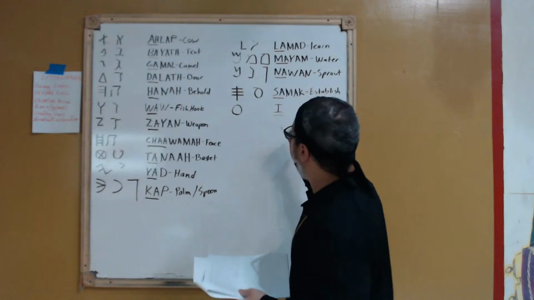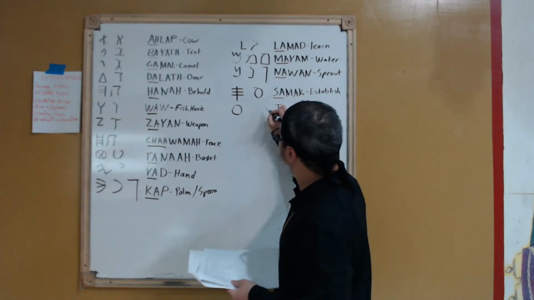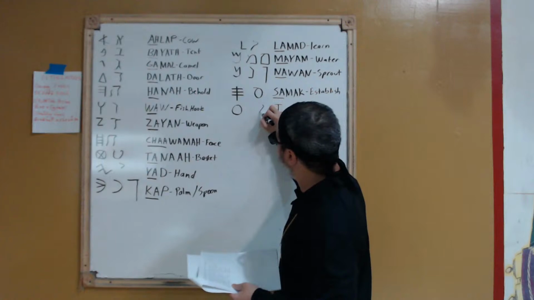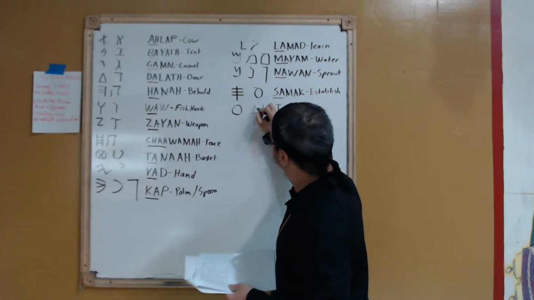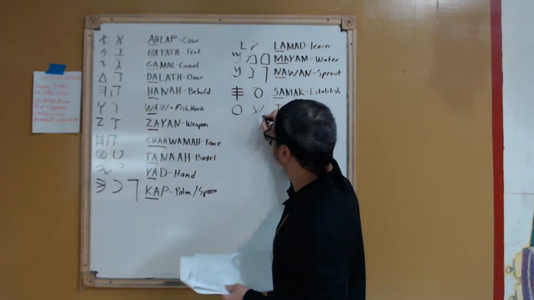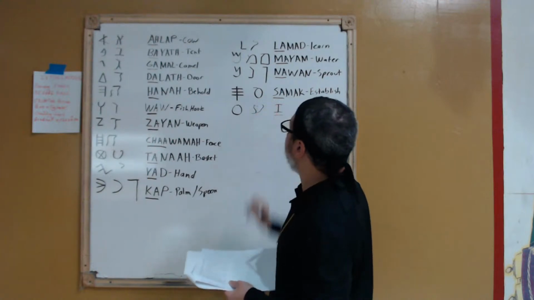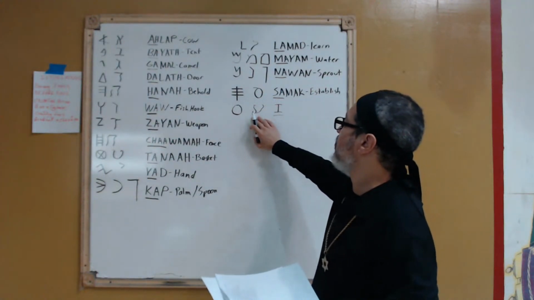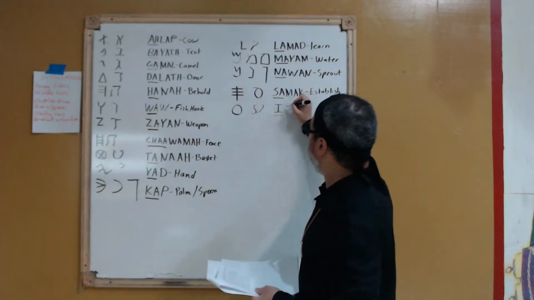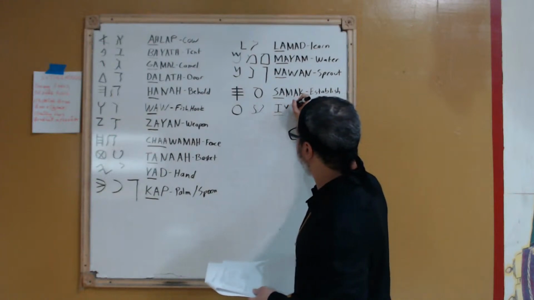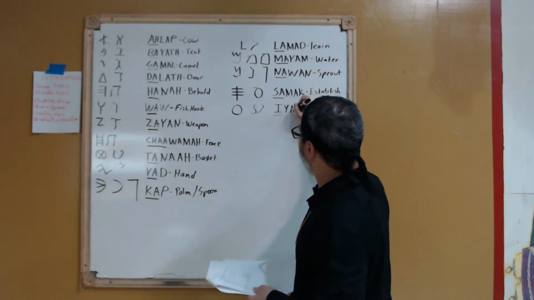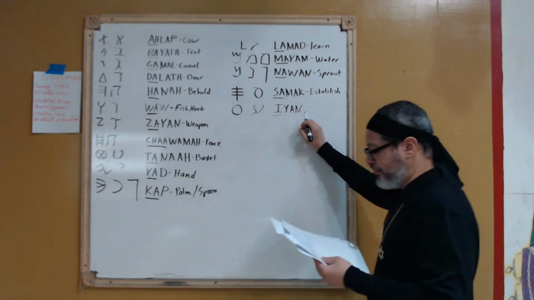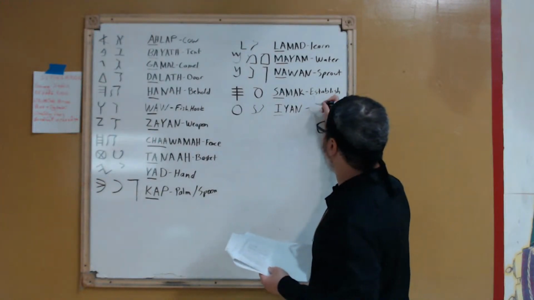And in the modern, it's almost like 1, 2, 3, squiggly on the side to connect it, squiggly on top. So it's almost like the letter Y. And that was for ayan, which is I.